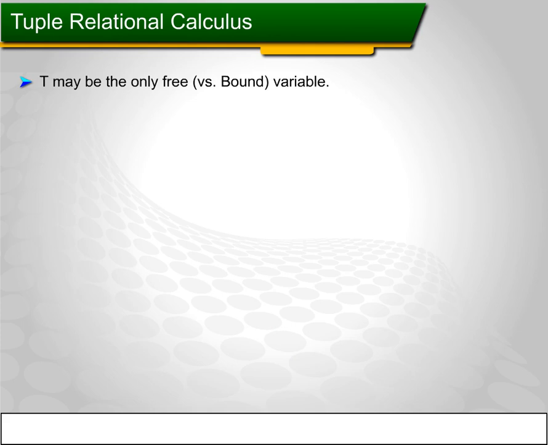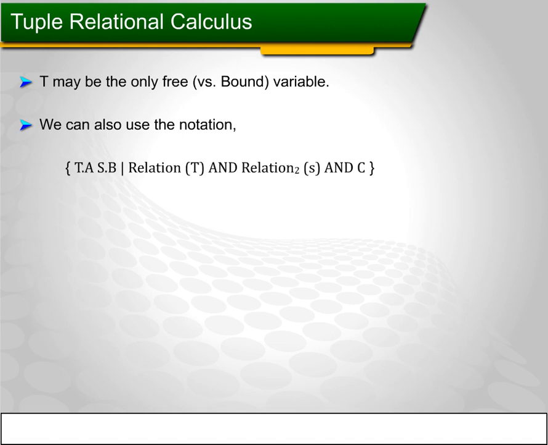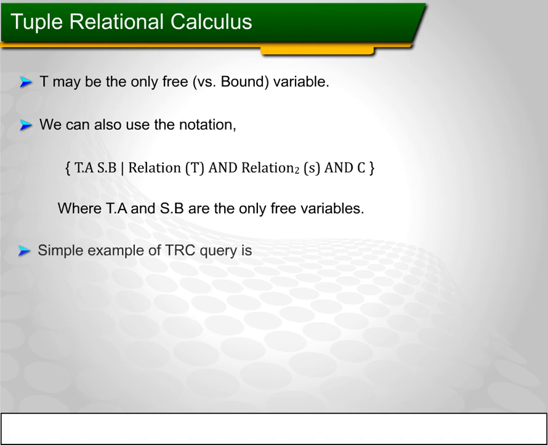T may be the only free variable versus bound variable. We can also use the notation {T.A, S.B | T in relation 1 and S in relation 2 and C}, where T.A and S.B are the only free variables.